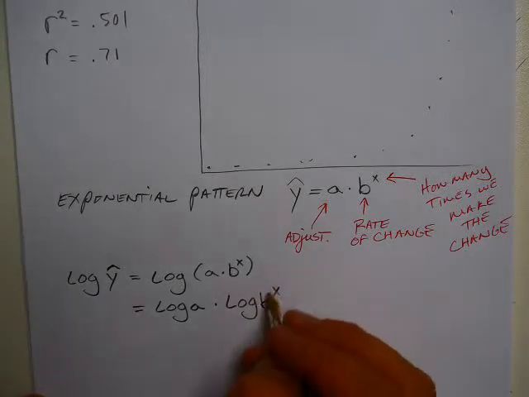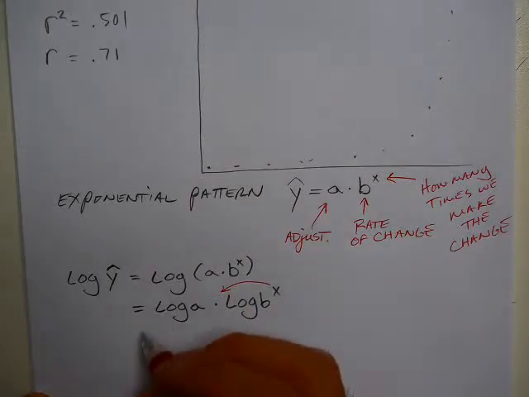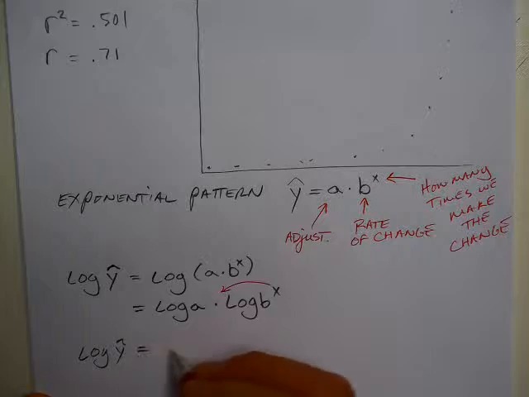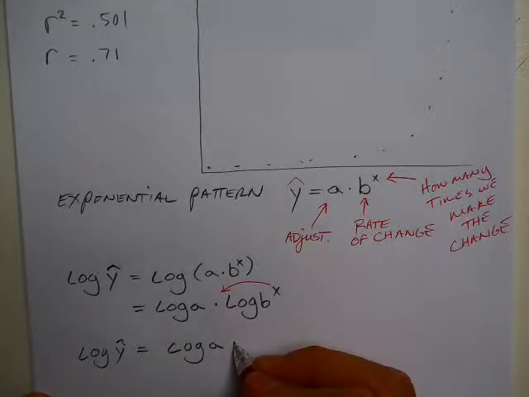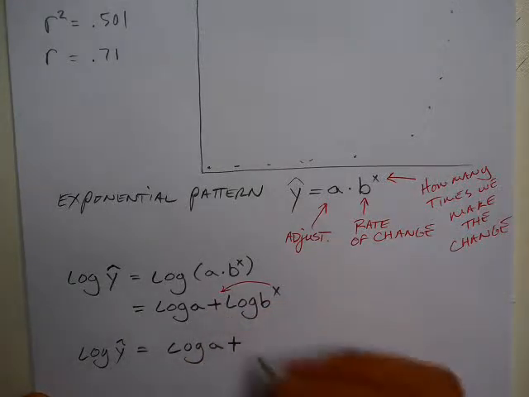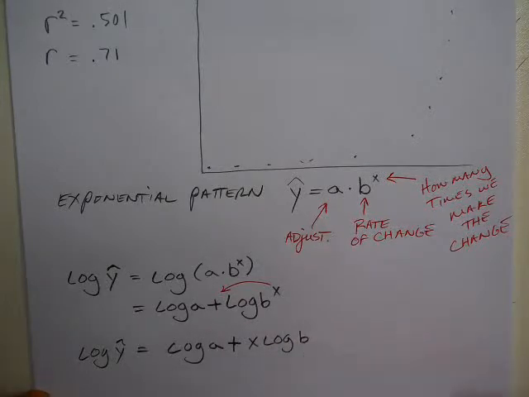And then this b to the x, I can bring this x forward and write this as log y hat equals log a plus, this should be a plus here, my apologies, plus x log of b.